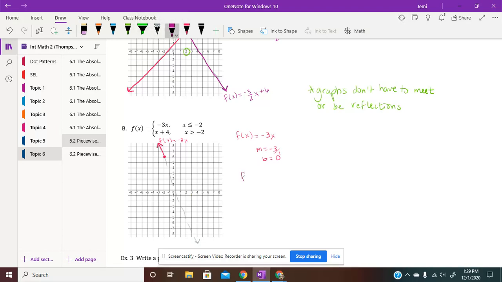Then I've got f of x equals x plus 4. The slope is 1 over 1. The y-intercept is 4.